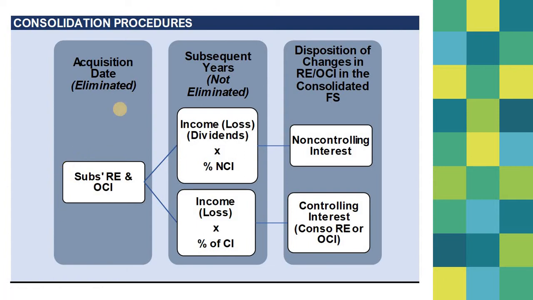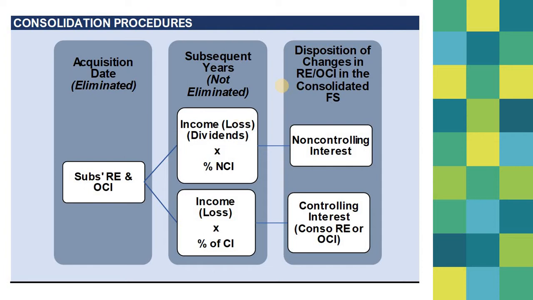However, after the acquisition date, the changes, or the additions or the deductions, to RE and other comprehensive income of the subsidiary are not eliminated. So in subsequent years, any additions to RE, OCI, and any deductions are not eliminated compared to the acquisition date balance. And why is this not eliminated?